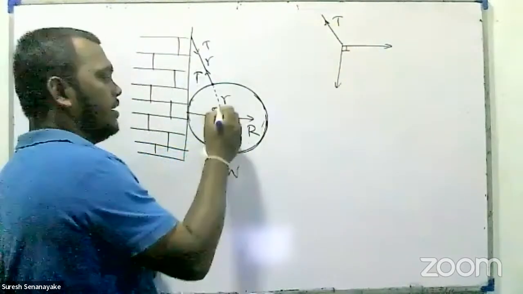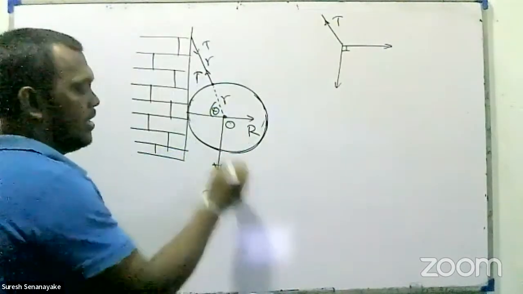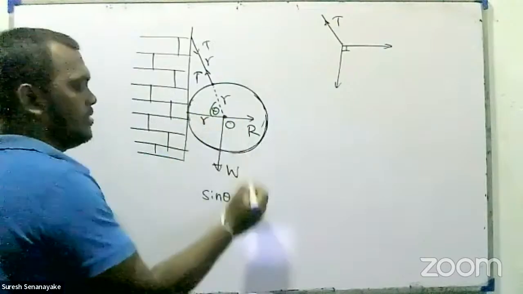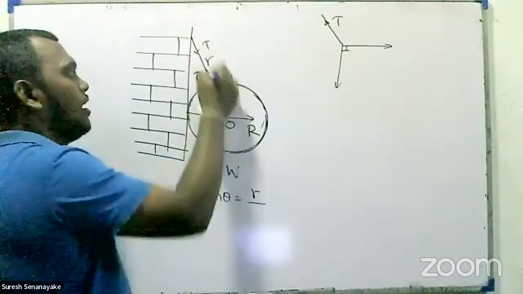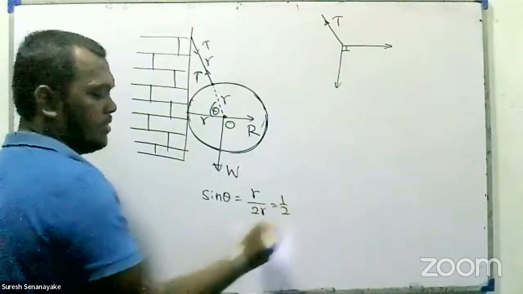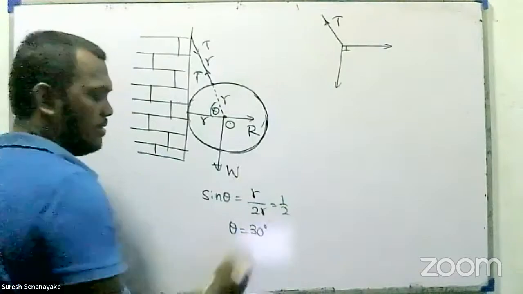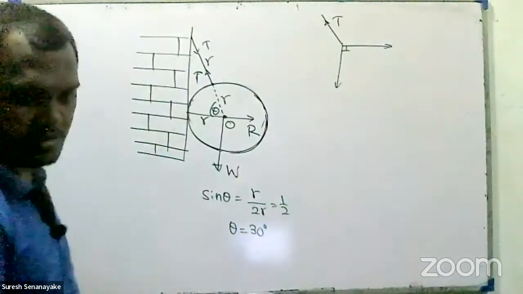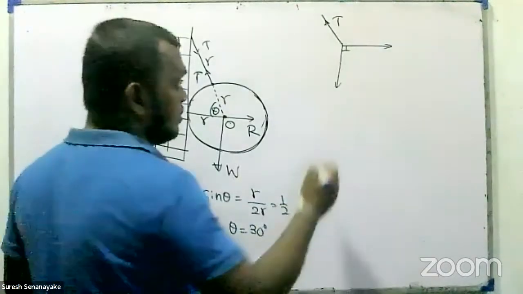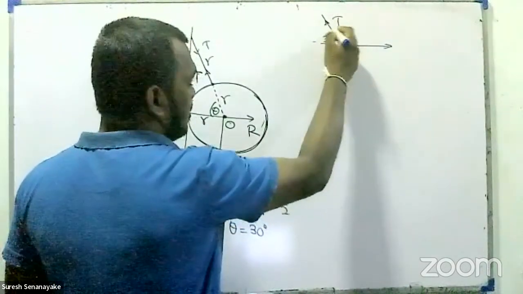If this angle is theta, sin theta equals R over 2R, so sin theta is half, and theta equals 30 degrees.